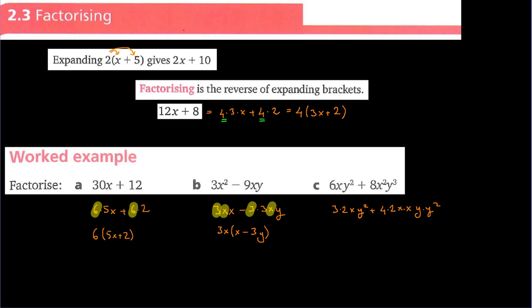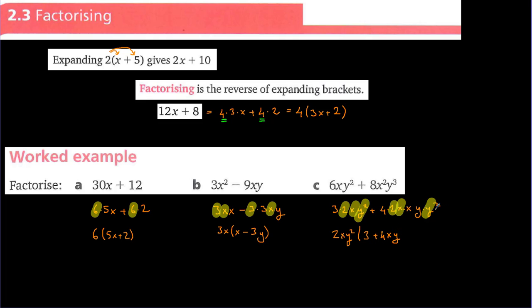I'm going to find the common terms here. The 2 is the common term, x is the common term, and y squared is the common term. So the rest of them, when we take parentheses, let me first write 2xy squared, these are the common terms, then what is left is 3 plus 4xy.